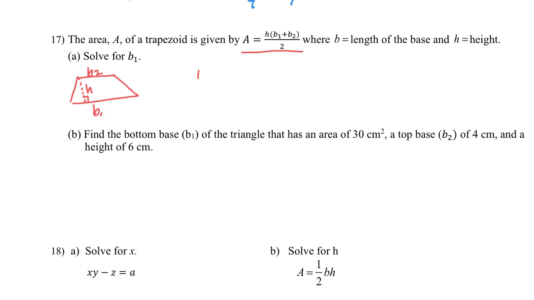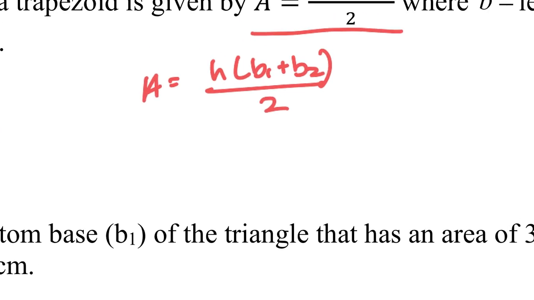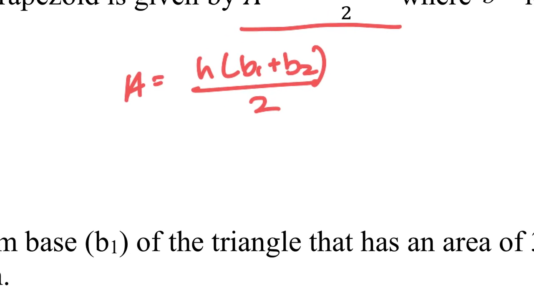So if I start A equals h times b1 plus b2, all divided by 2, I gotta slowly and methodically get this all by itself. So let's start getting rid of things.